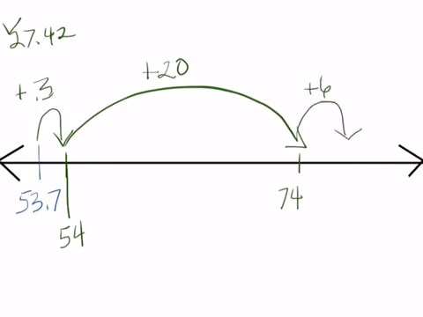Plus 6. 74 plus 6 makes 80. Plus 1. Wow, this is not to scale. Sorry, guys. Makes 81. Okay, so now I've added my 7. Now, out of these tenths, I'm supposed to add 4/10. I've only added 3/10. So I need to add one more tenth and 1/100th.